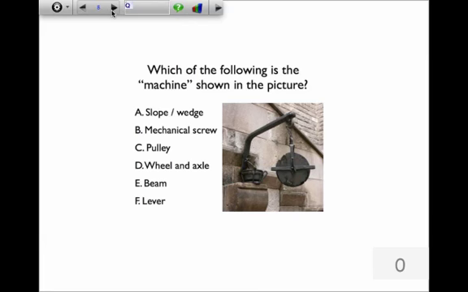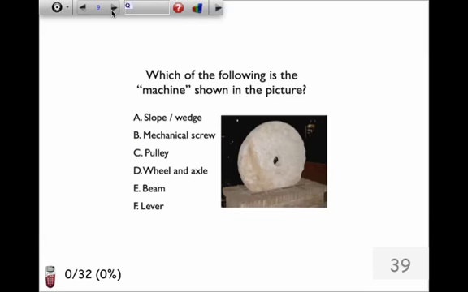Okay, we'll go to another one. Now, this one, you can see here, normally everybody gets this one right. It's a wheel, all right? The axle isn't in it, but it'll be a piece of wood. Okay, so I'm just going to move on because time's out.